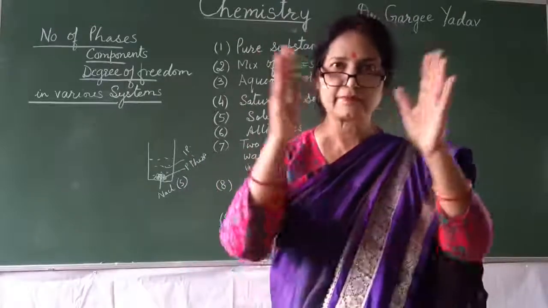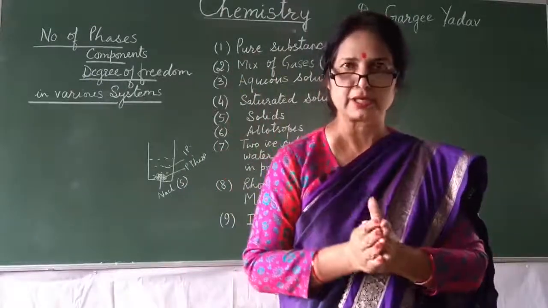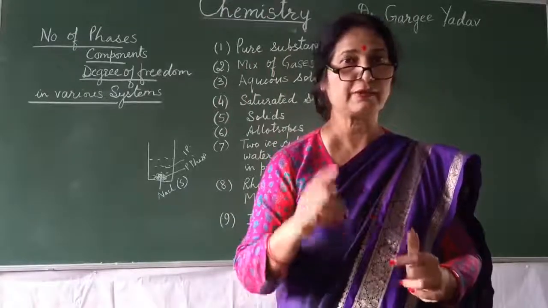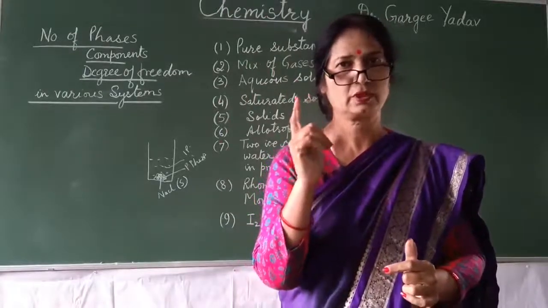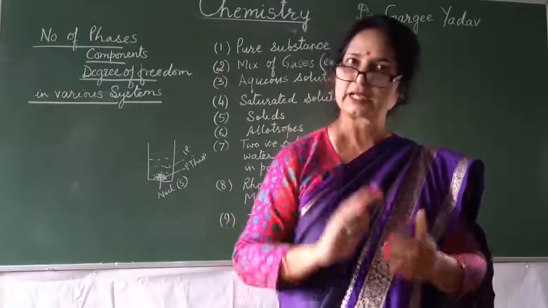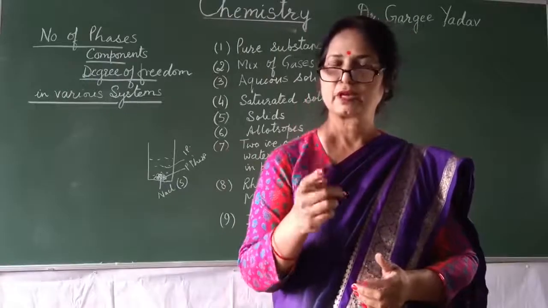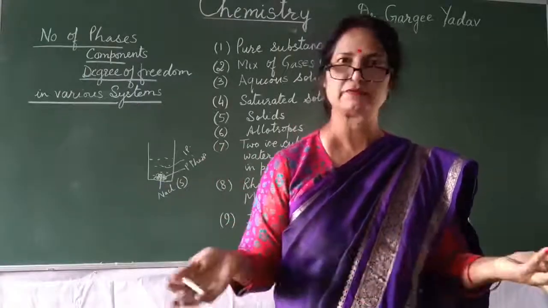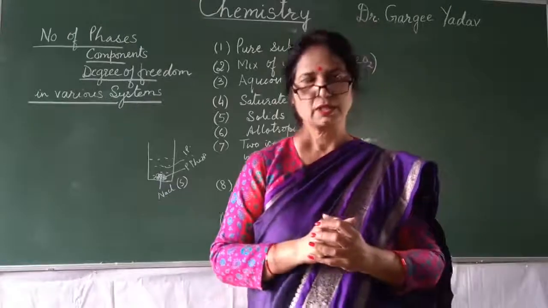But if we are having a big chunk of calcium fluoride and suppose we break it to two pieces, then again we will be having only one phase. Okay, it will not be two phase. Suppose we break it into 5 pieces, then again we will be having only one phase. But as many different solids are there, different phases will exist in the system.